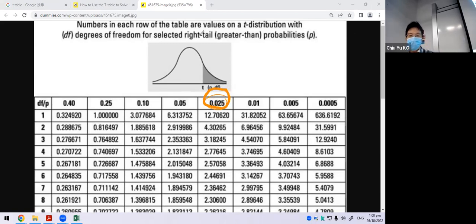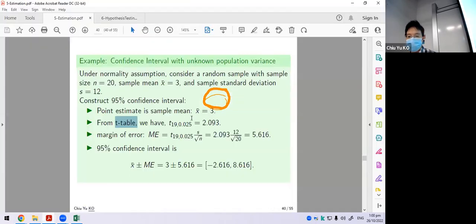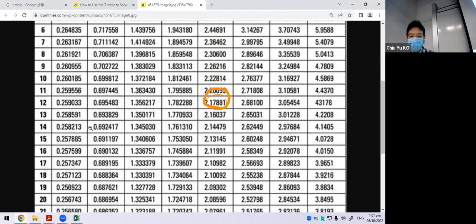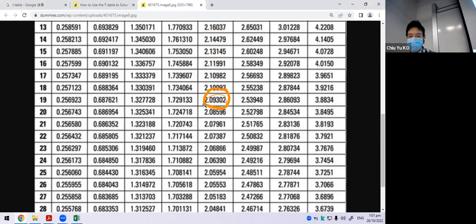The question we have is the t value at 0.025, and the degrees of freedom is 19. So look at this table, DF, degrees of freedom at 19, just go down to 19. So this number is 2.093. That's how you get this number if you use a table.